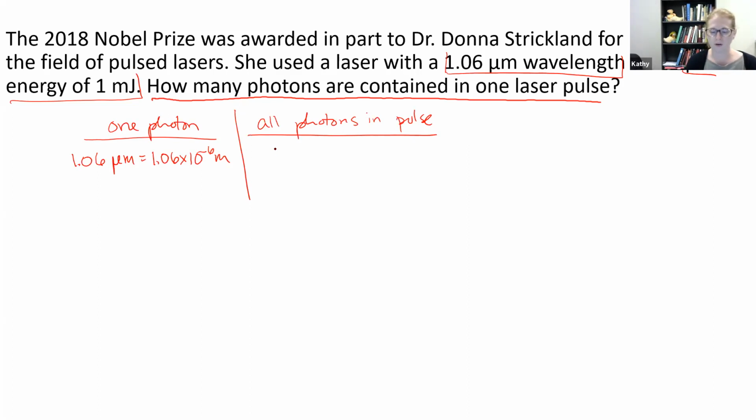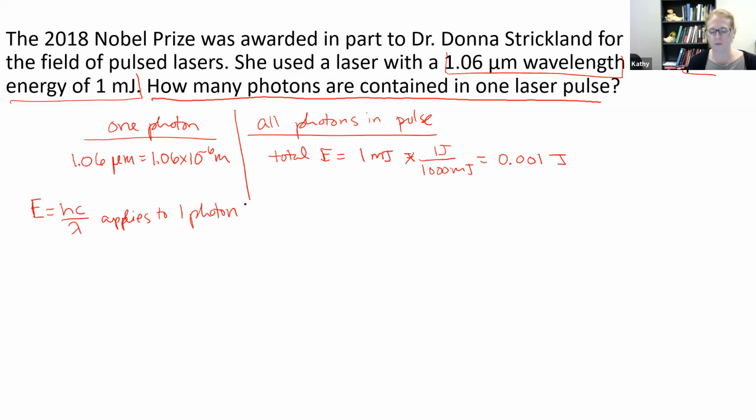Whereas together, right, the total energy is equal to 1 millijoule, or remember that there's 1,000 millijoules in a joule, so it's 0.001 joules total. That's all the photons together. Well, we have an equation, don't we? We know that E equals hc over lambda applies to one photon. So let's solve it.